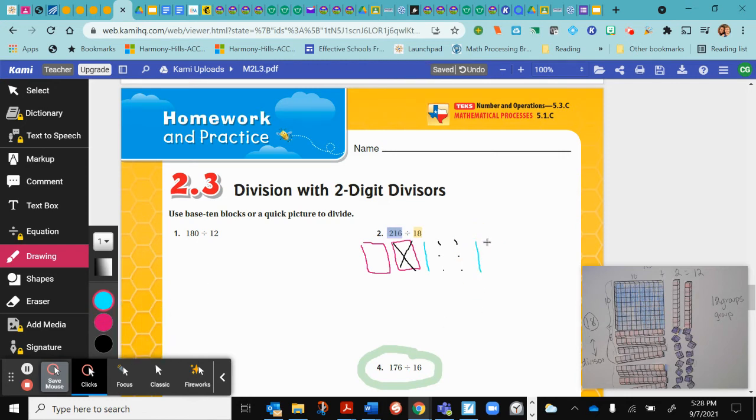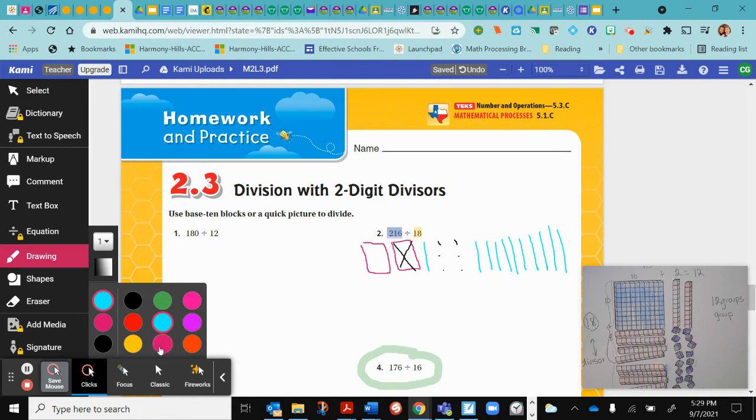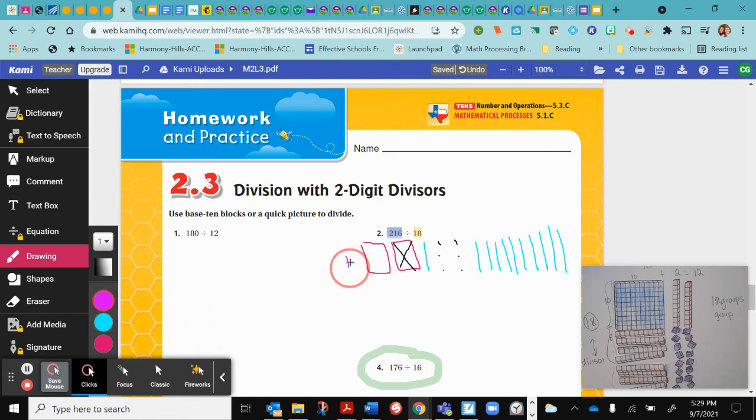So it's 1, 2, 3, 4, 5, 6, 7, 8, 9, and 10. So I have 10. I don't want to do orange because it's too close. So we said this was a 10 by 10, right? But my divisor said I needed to have 18. So I needed to add 8 more rods.